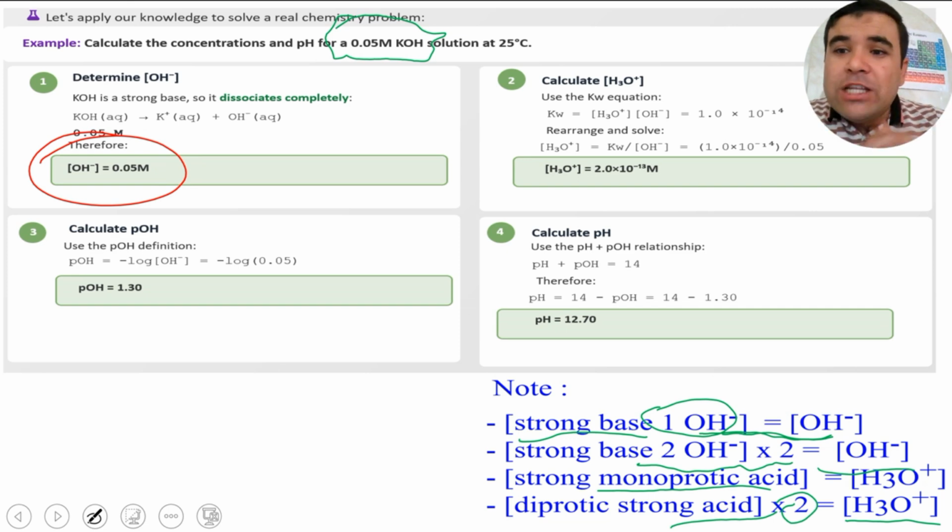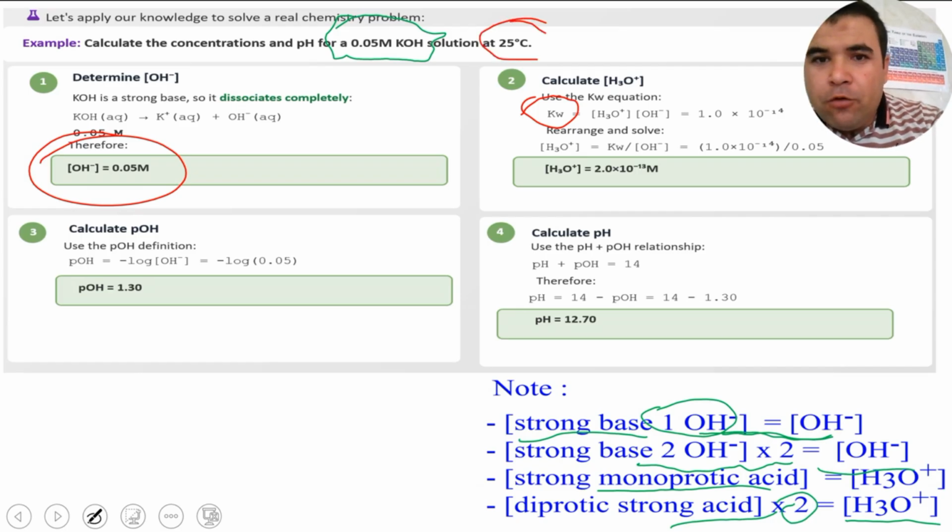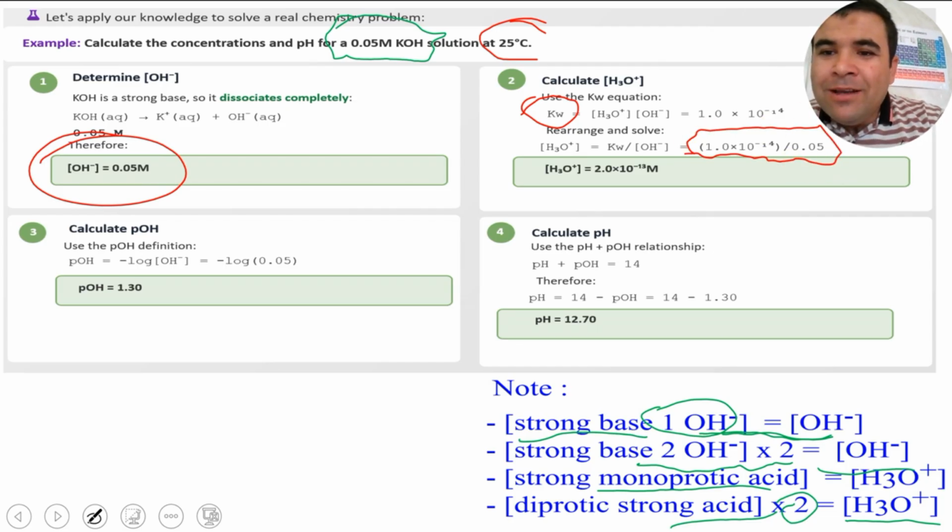But if it was HCl, for example, we could determine hydronium directly. The second step is converting the hydroxide to hydronium by using Kw. You know that Kw at 25 Celsius, and of course we'll be performing this calculation at 25 Celsius, equals 10 to the power minus 14, divided by the hydroxide, which results in this value of hydronium.